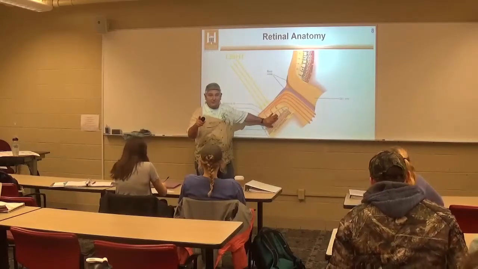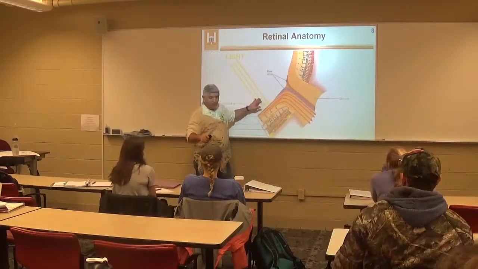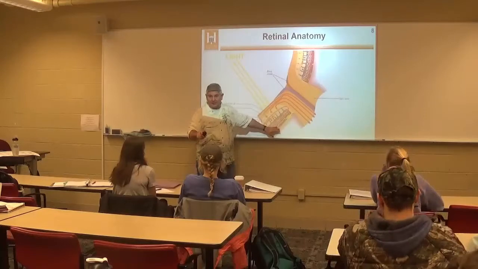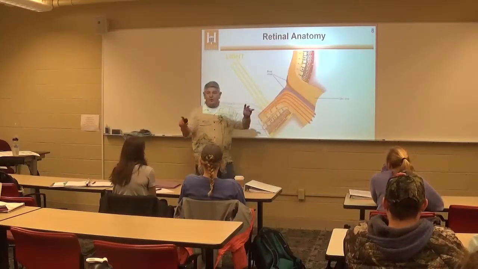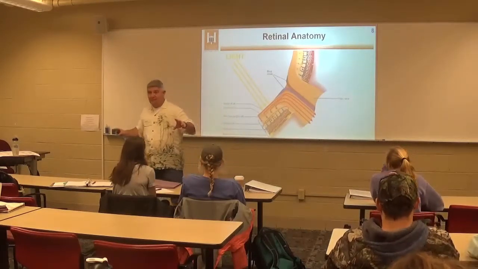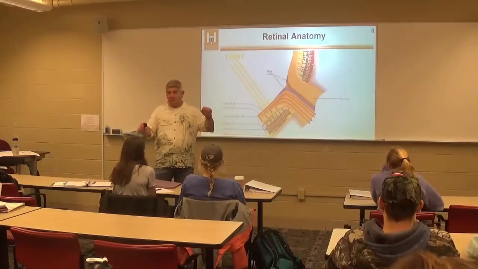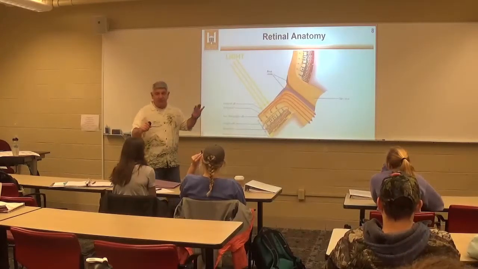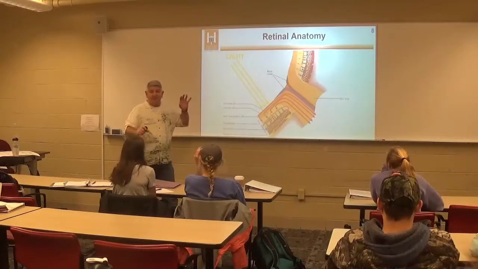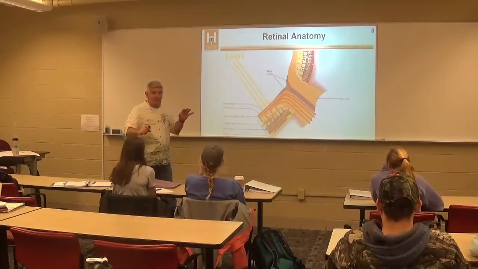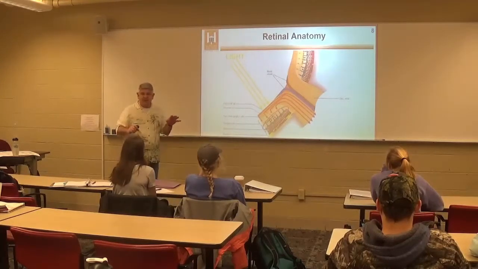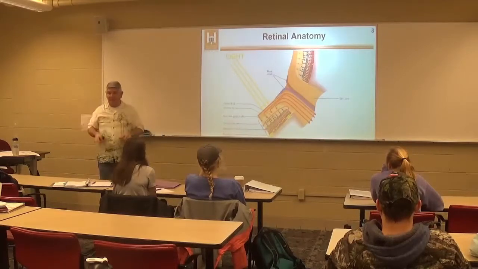You are not seeing a 1-to-1 ratio of light coming in and the signal going to the brain. It's already been modified by the time it starts going to the brain. Is that crazy? Not only that, your visual system is constantly making up information. Constantly making up information about what's out there in the world.